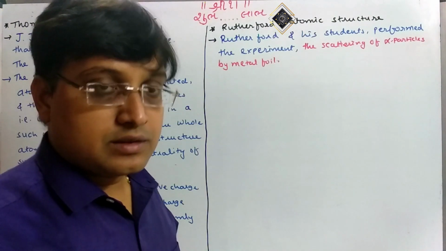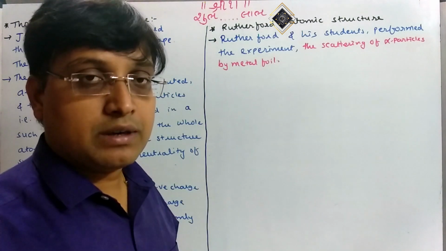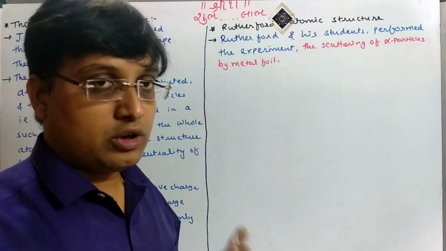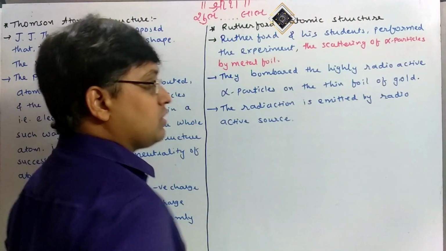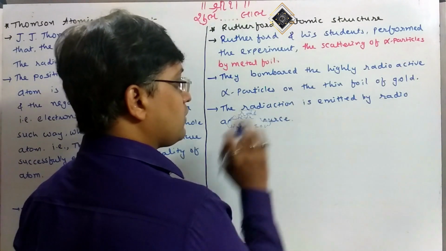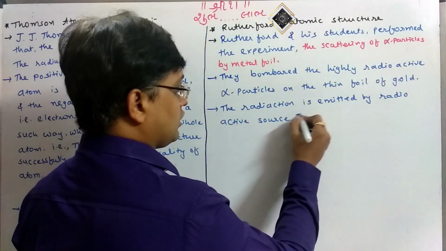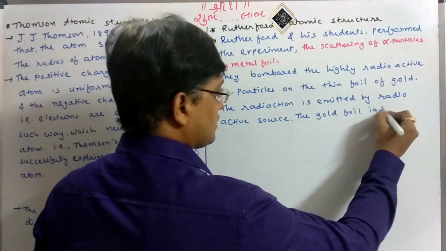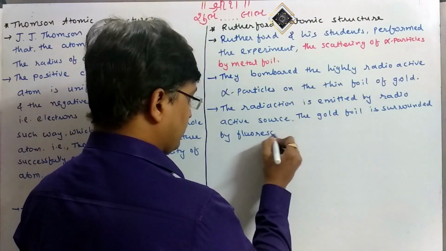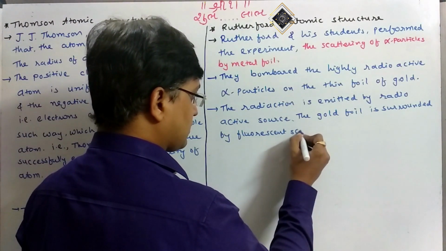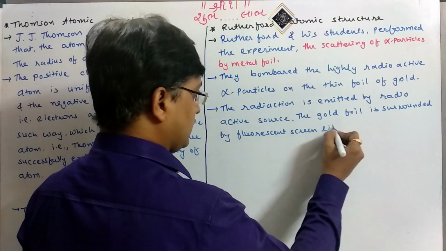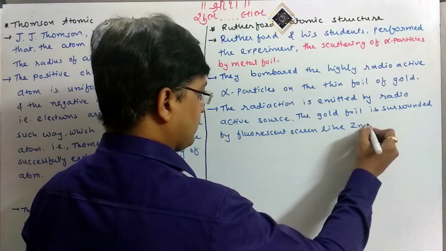As we discussed, they bombarded alpha particles on a thin foil of gold. The radiation is emitted by a radioactive source. The gold foil is surrounded by a fluorescent screen like zinc sulfide.